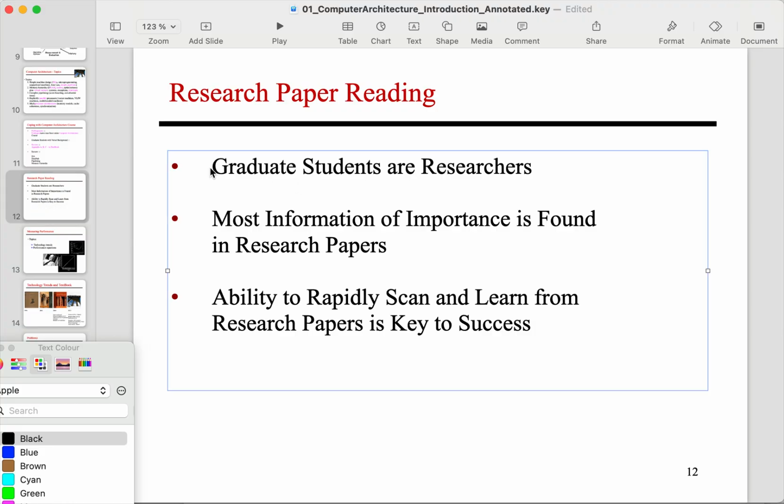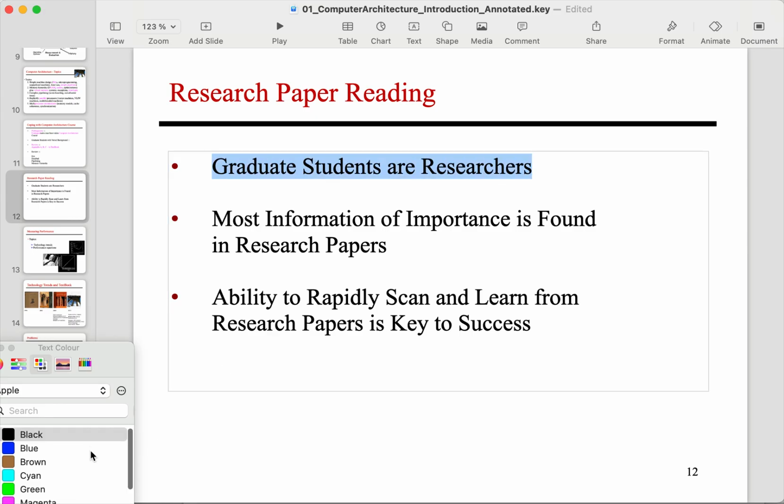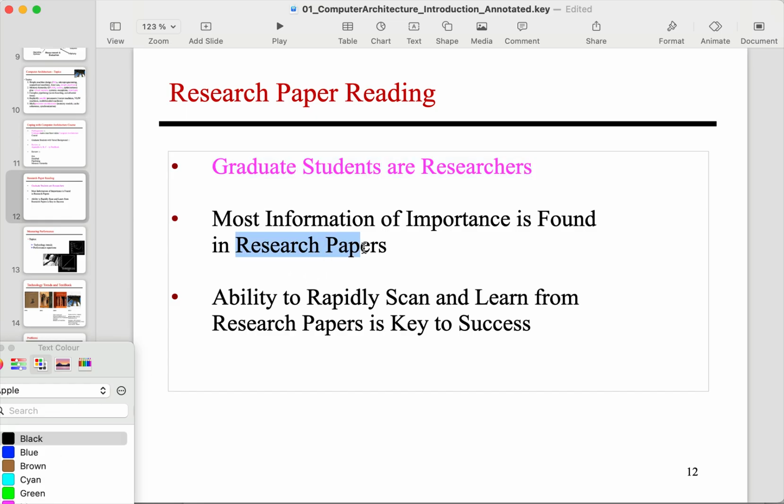Another thing about graduate studies is that graduate students are researchers, so we will be studying some research papers. An important skill here is for students to be able to work with research papers: rapidly read, scan, understand, and learn from them.